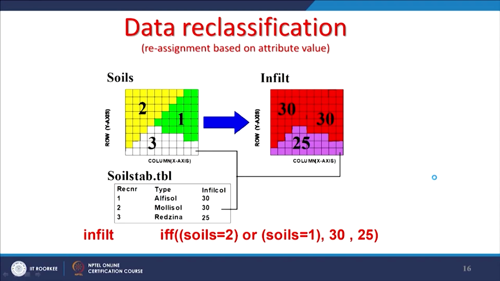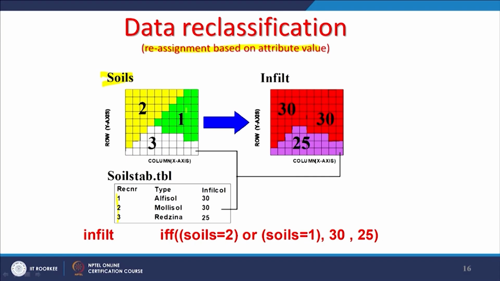If we have reassignment based on the attribute value, again an example is here: I have 1, 2, 3 here as the soil map. Now, against each cell I have another piece of information, that is infiltration. If infiltration values are available, I can reclassify the same map.